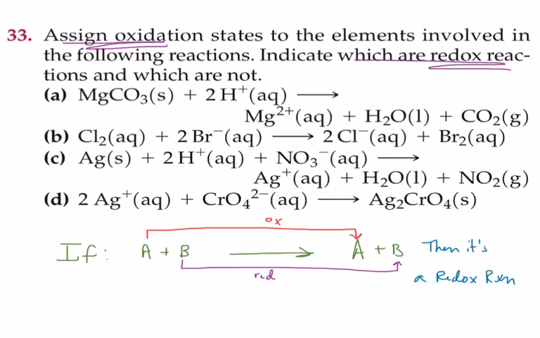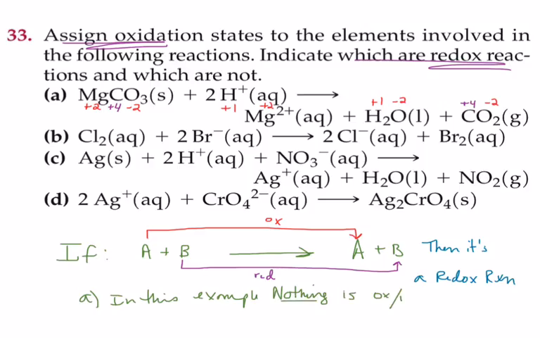Now, A, B, C, and D, they're not all redox reactions, and that's actually what you're tasked with. For instance, I did A for you here. When I did A, I couldn't find any atoms that were being oxidized and reduced.